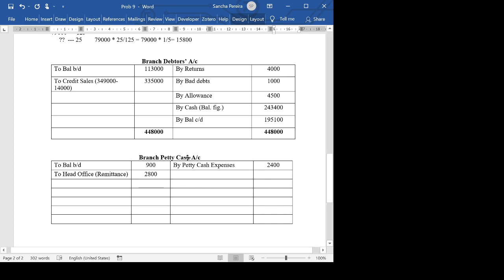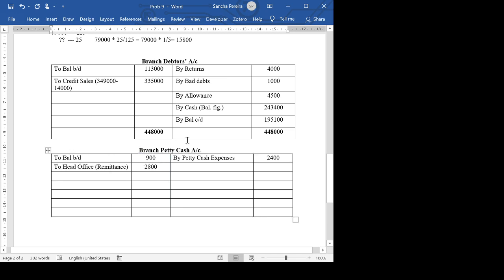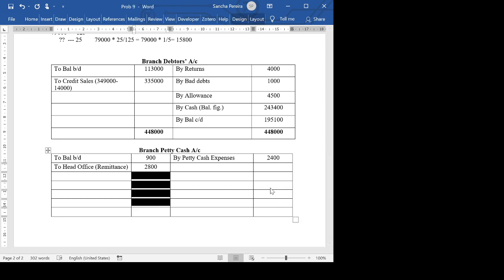But I am not showing this because this problem is specifically petty cash. This account is specifically petty cash. If it was cash, I would have shown it. Is that clear?